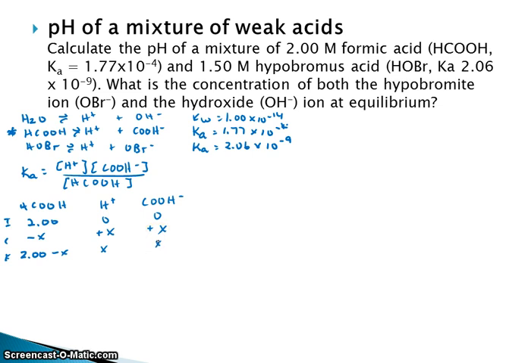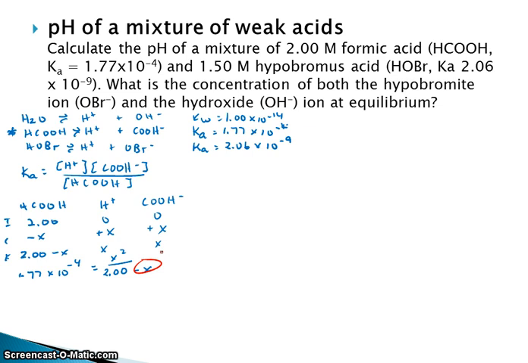We'll take those equilibrium values and plug them into our Ka. So we have 1.77 times 10 to the minus 4 equals X squared over 2.00 minus X. Now again, we're looking at a weak acid, so our X value is insignificant. So we're going to get rid of that X out of our value and make the problem easier.